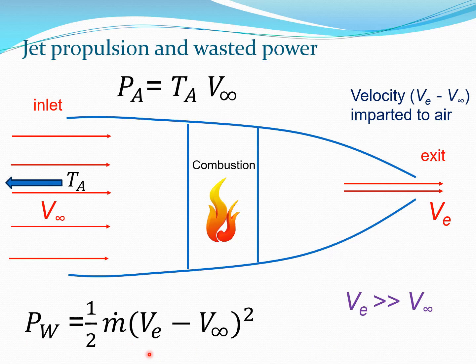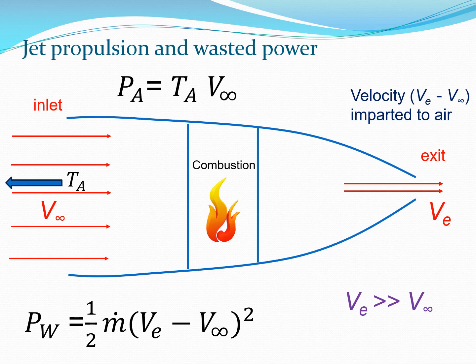Because we are taking the rate here, we can say this is power. Now this power is something which we actually do not want to have much of, or at least we want to have as low of this PW as possible. And of course we want to have a high value of PA because that of course is giving us TA here. So that's the objective of this particular problem.